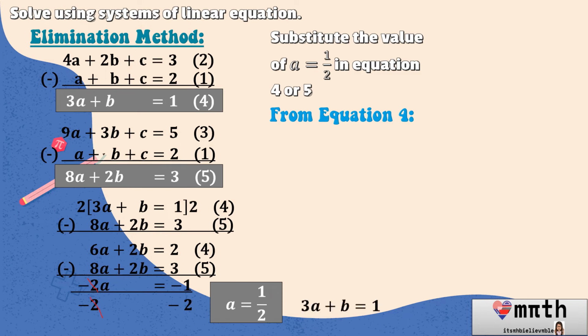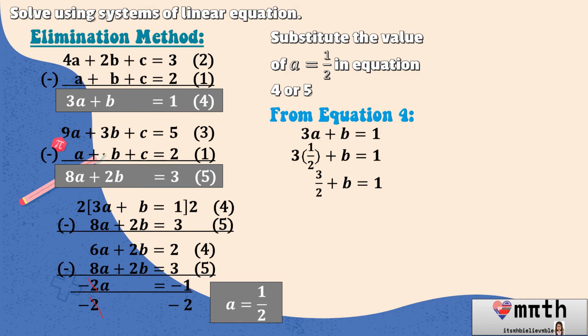Our equation number 4 is 3a plus b equal to 1. Substituting the value of a, which is 1/2, that will be 3 times 1/2 plus b is equal to 1. Multiplying 3 on 1/2, that will be 3 over 2 plus b equal to 1.